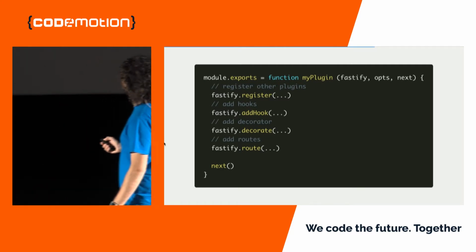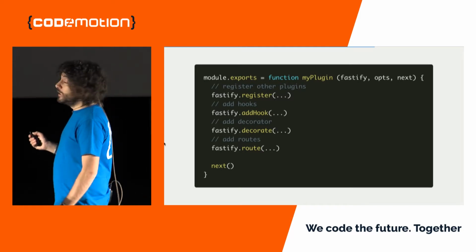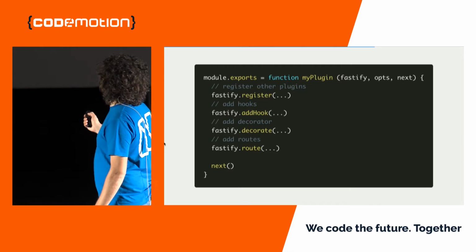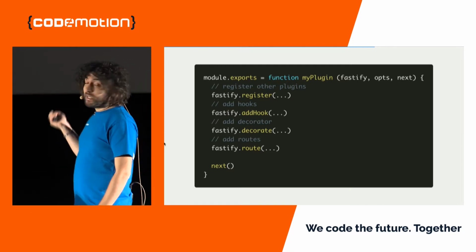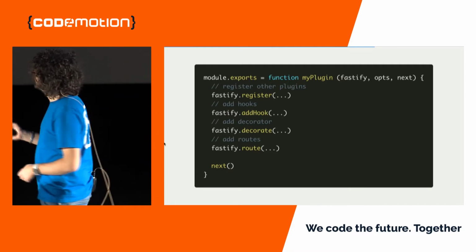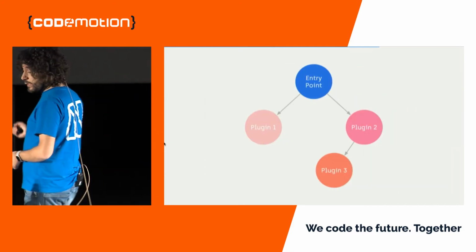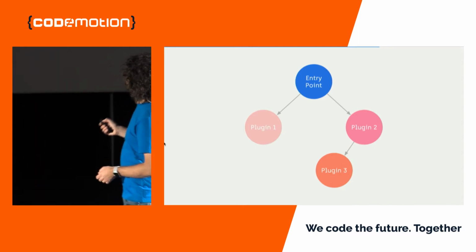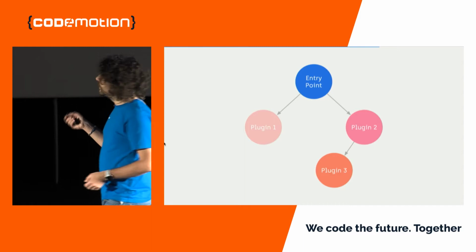You can also add decorators, for the main Fastify instance, but also for the request and reply objects. And you can add all the routes you want, also with shorthands, like get, post, whatever you are friendly with. Now, this is a typical system built on Fastify, where you have an entry point application and then multiple plugins all over the place.